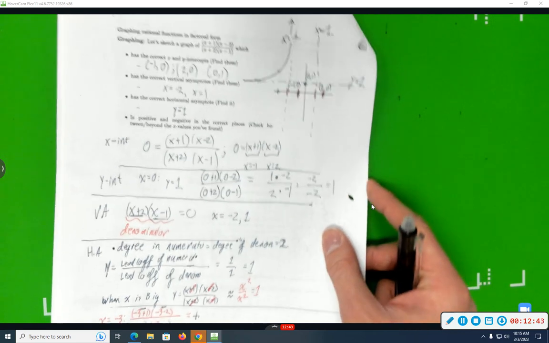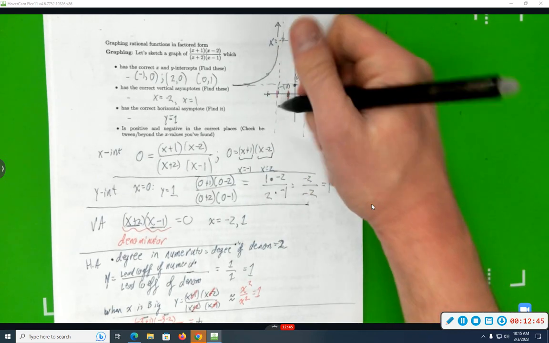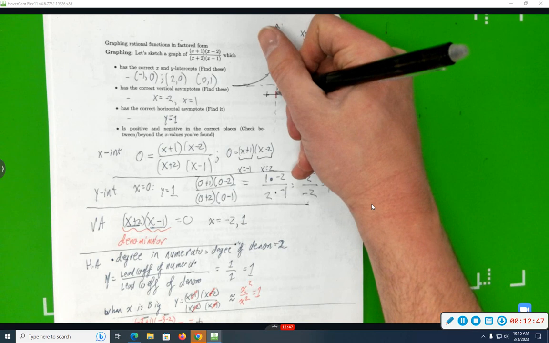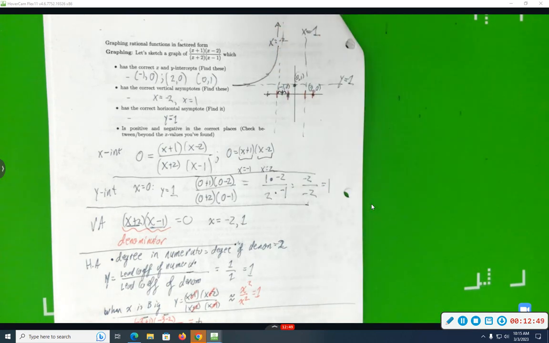In fact, let's talk about how to bypass the next bit of computation. So the next range is between negative 2 and negative 1. What's a sample point you could use in that range? What's the number between negative 2 and negative 1? Awesome, negative 1.5.